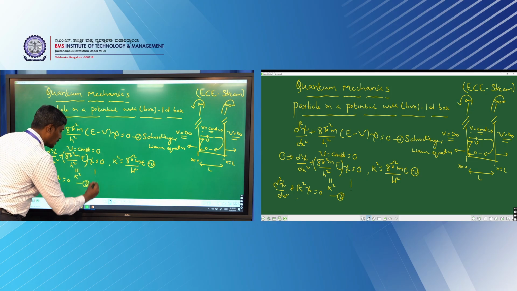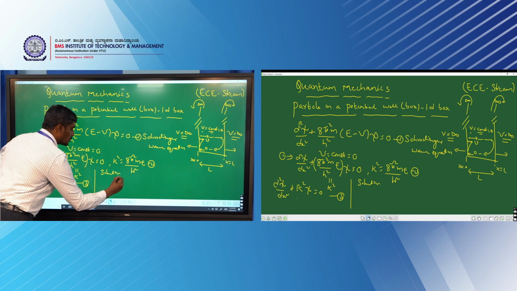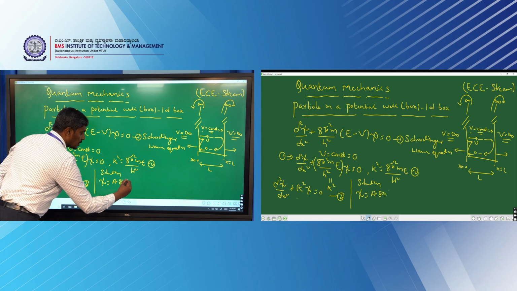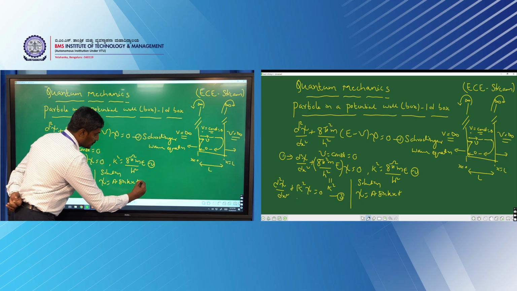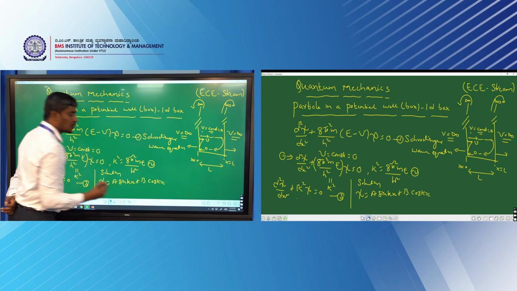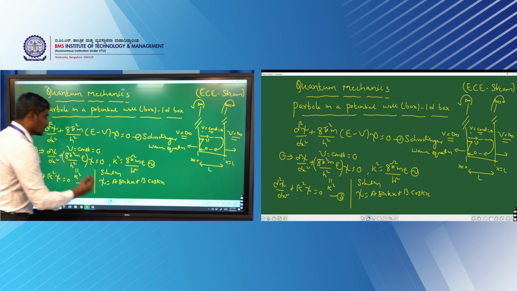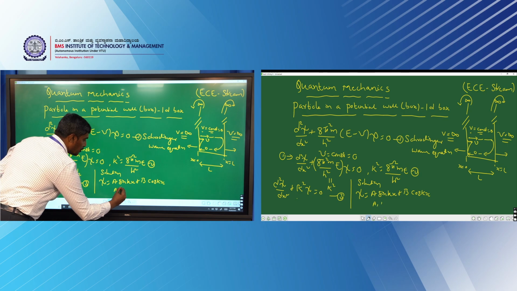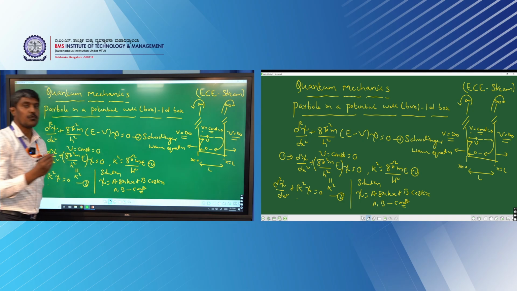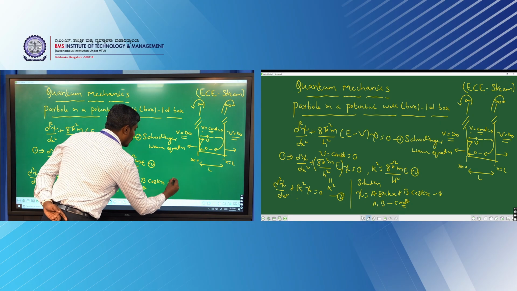From mathematics, the solution is psi is equal to A sin kx plus B cos kx. This is the general solution of equation number 3. Here A and B are constants, which we need to evaluate later using boundary conditions. Let me call this equation number 4.